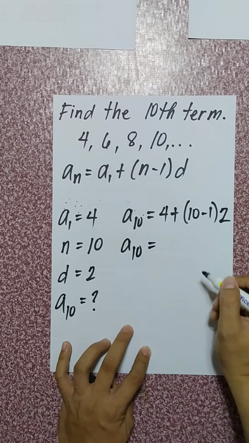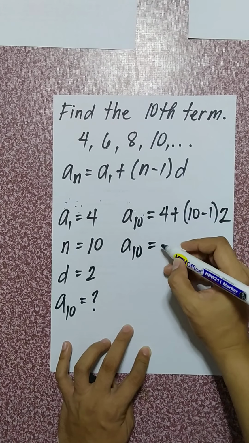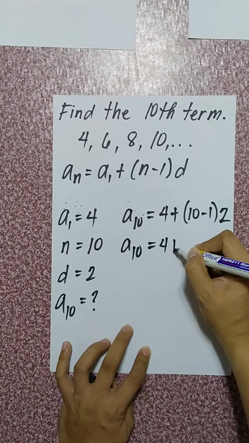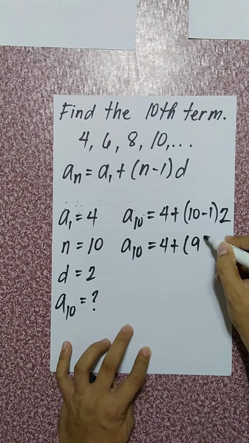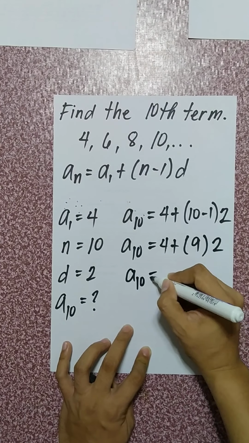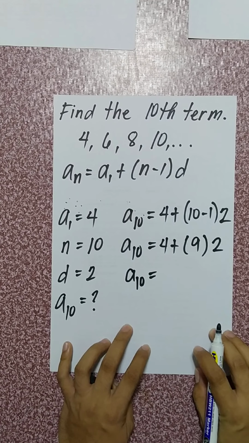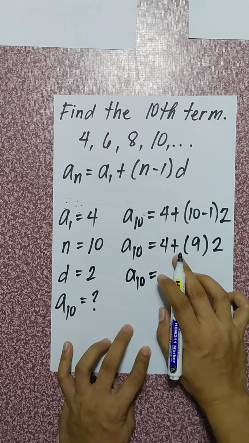So, we have a sub 10 is equal to, uunahin natin ay yung nasa loob ng parenthesis. So, just simply copy 4 plus 10 minus 1, we have 9 times 2. So, we have a sub 10 is equal to, again, by following the hierarchy of operation, uunahin natin yung multiplication bago yung plus.